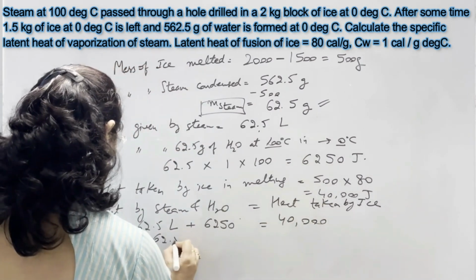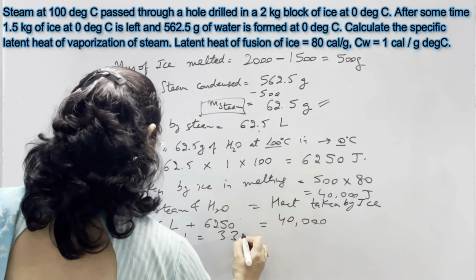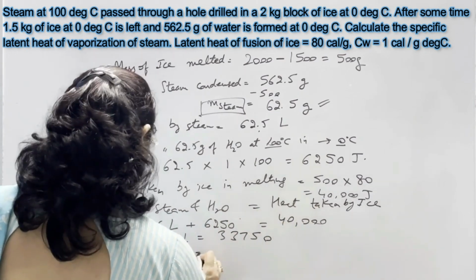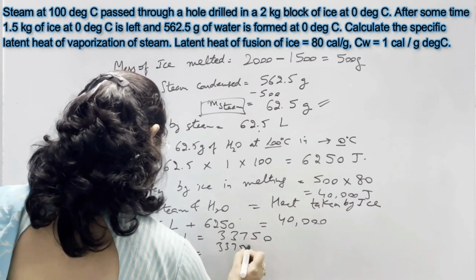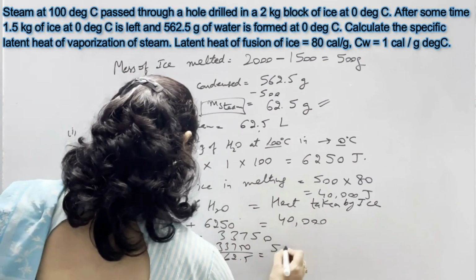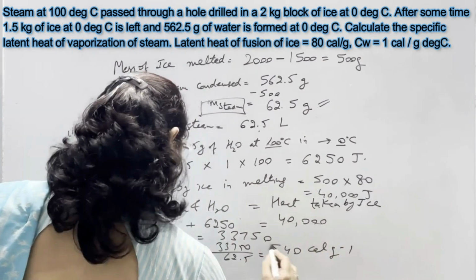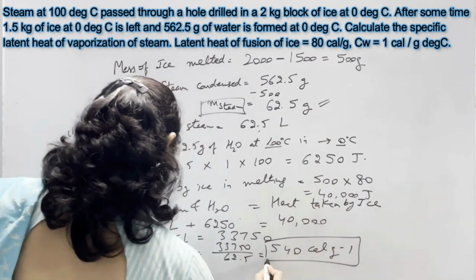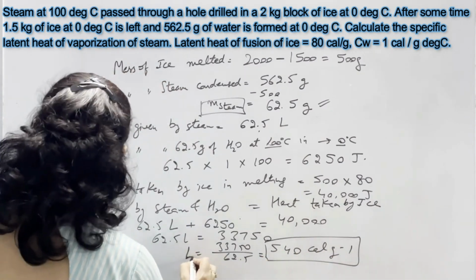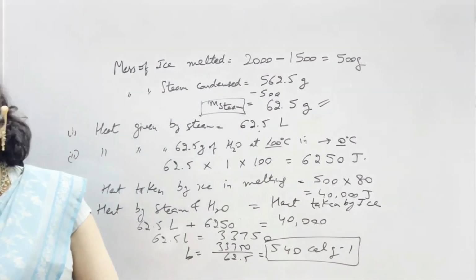So 62.5 L, subtracting this value we will get 33750. So L is 33750 divided by 62.5 and value is 540 calorie per gram. So 540 calorie per gram is the L. It means latent heat of vaporization of steam.